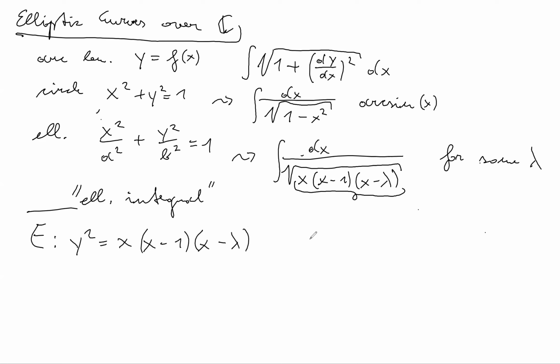It turns out that over some algebraically closed field, and today we want to work over C, you can always renormalize your defining equation for your elliptic curve to have this form. This is what we call the Legendre form. So they are parameterized by lambda.